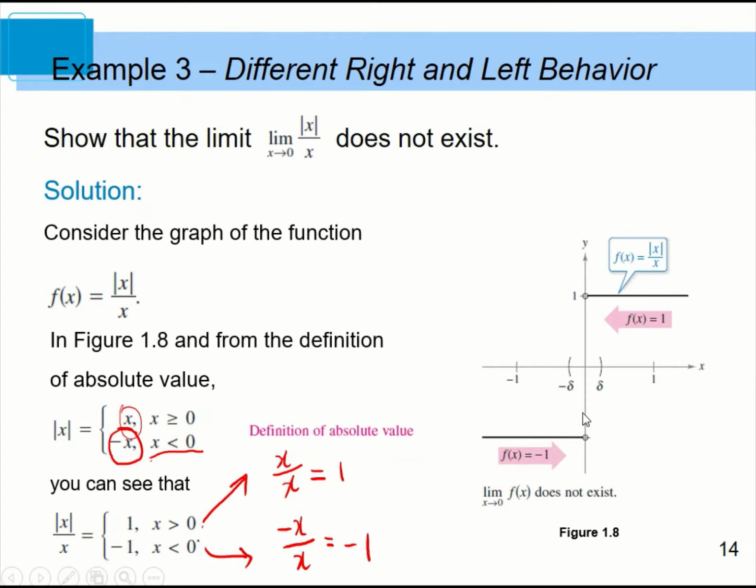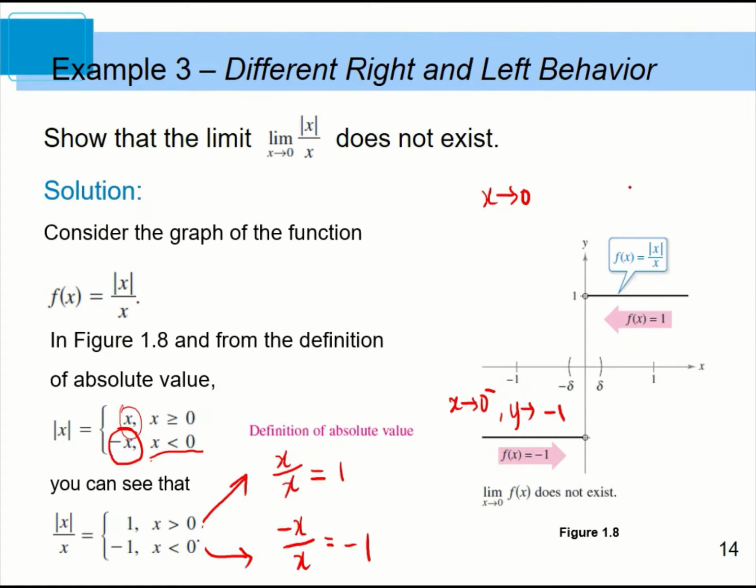Now what happens when the x approaches 0? From the left hand side, I put a negative here to show that when the x approaches 0 from the left hand side, the y approaches negative 1.